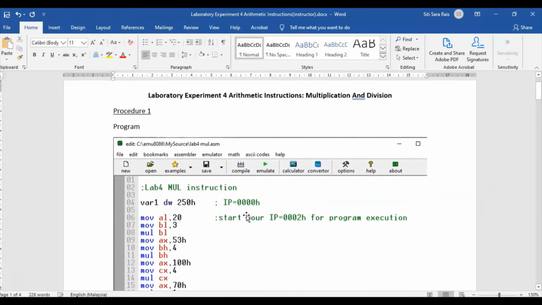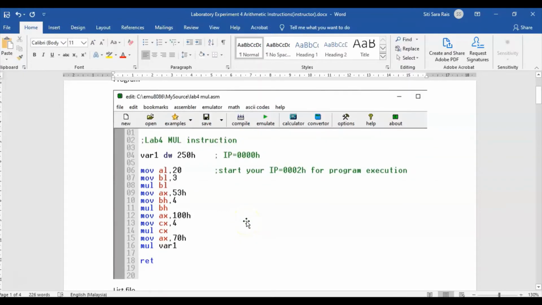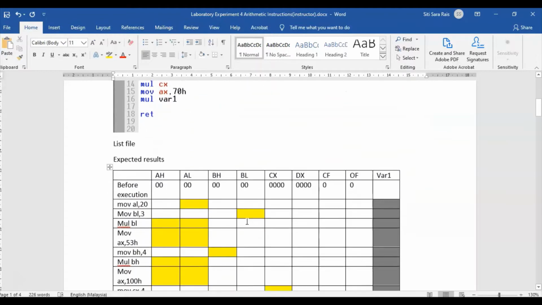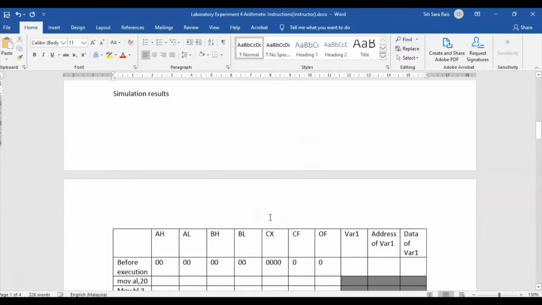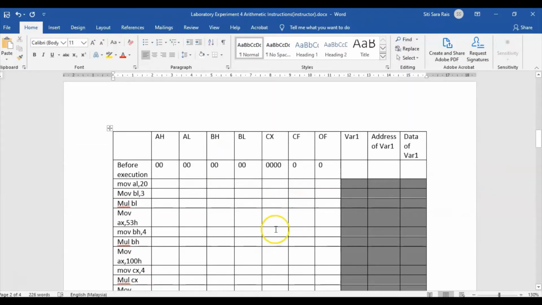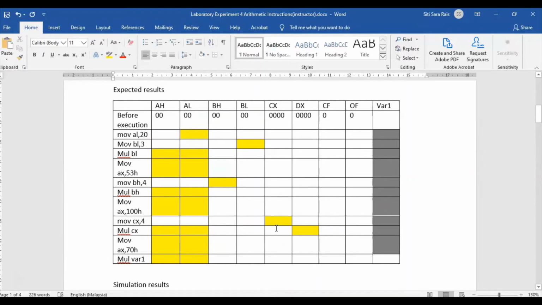This is our instruction, and we have to expect the results, and then we can check the result with the simulation. The yellow one is the change, the change for the data inside the registers.